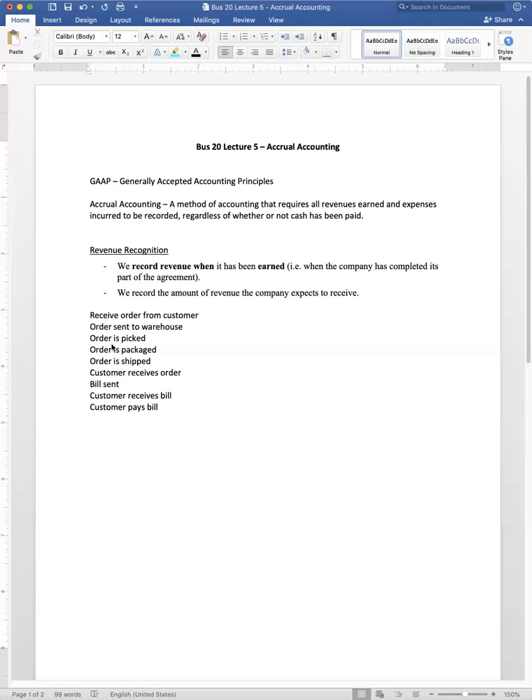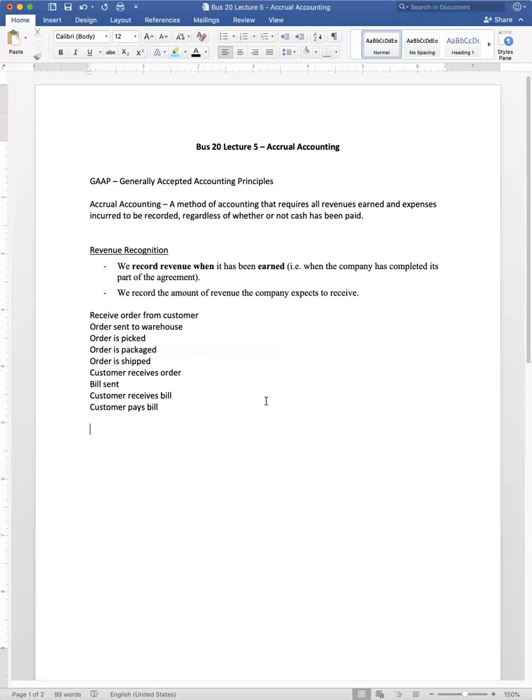All right, so let's go through this again and think about, has the revenue been earned? So, do we earn revenue when we receive the order from the customer, when it's sent to the warehouse, when it's picked, when it's packaged, when it's shipped, when the customer receives the order, when the bill is sent, when the customer receives the bill, or when they pay the bill?